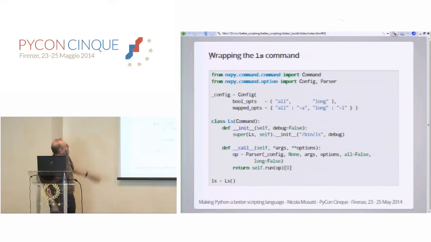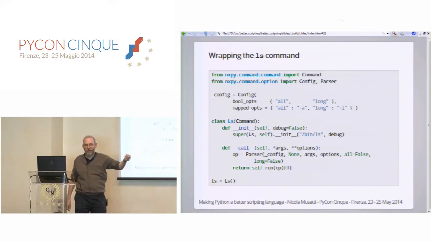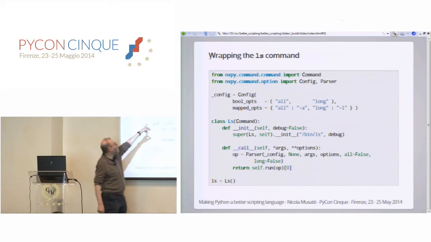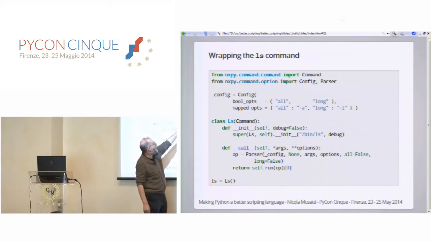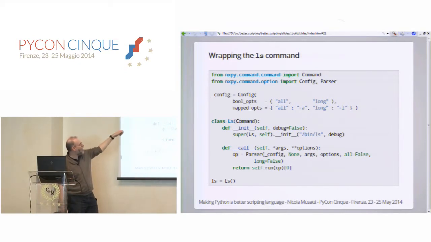And this is how you could write the ls example that I showed before, by configuring Boolean options, all and long, so that if they are true, they are to be put on the command line, and they are actually mapped as -a or -l. If you didn't map them, they would come out as --all --long.